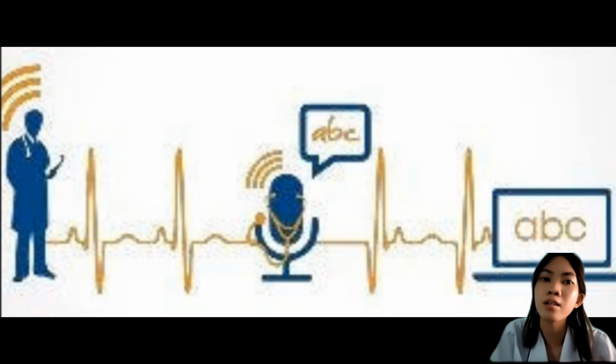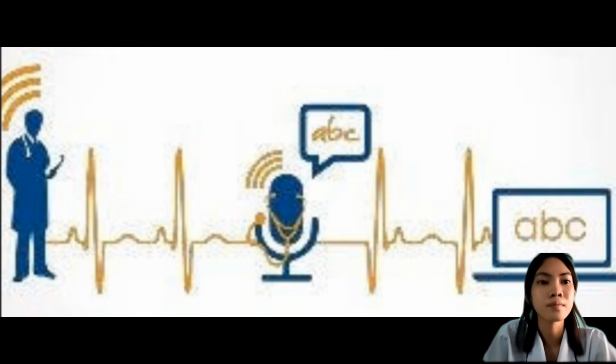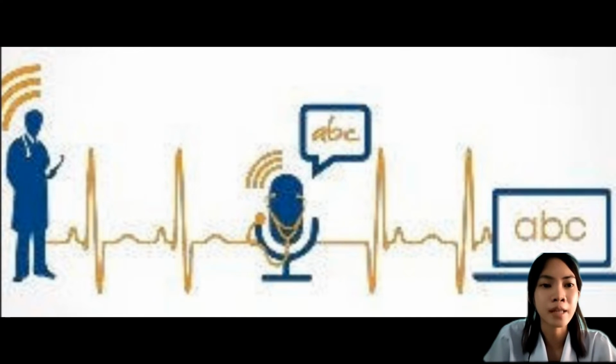For example, we are going to search on Google with the use of Google Assistant. So by opening the app, you're going to speak the words that you want the app or your gadget to recognize in order for you to see the results of your search or what you want the software to do or to look for you.